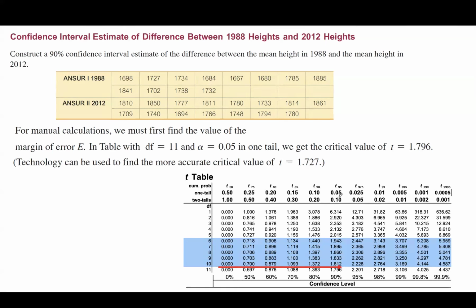Some tables don't have the confidence level, so you just need to identify the 5% of the area on one tail, and here you get 1.796 as the critical value, which is your t-value. Let us move on to the next slide.